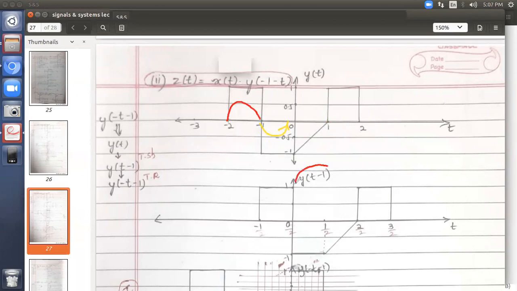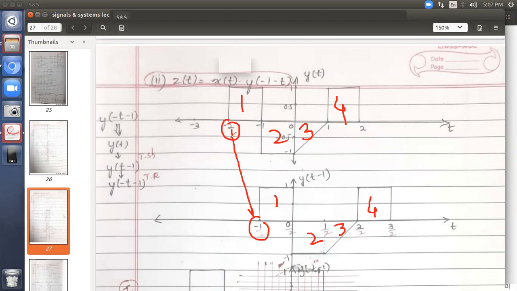So this is how we go for y of t minus 1. You cross verify whether you have got the correct answer or not. You have 4 different signal amplitudes. Let me see. Yes, I have 4 here also. Check the time range. What is the difference between minus 2 and minus 1?